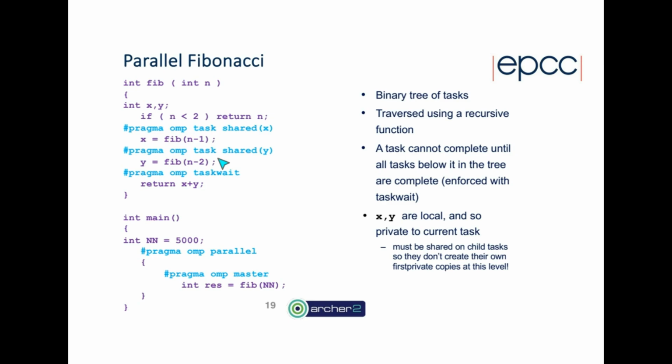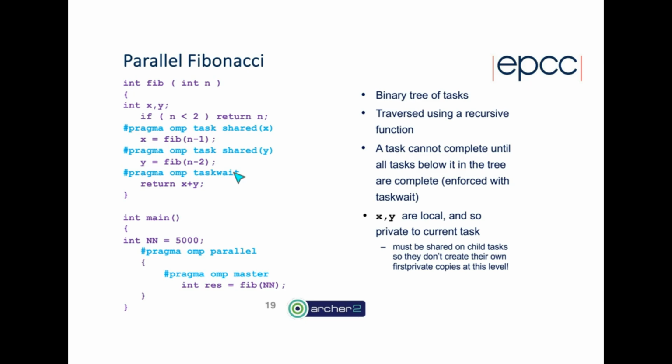Okay, so again, you have to think carefully about this. Taskwait is only waiting for the immediate children, but there's a taskwait at every level of the recursion. So in fact, you are by implication waiting for all descendants here.